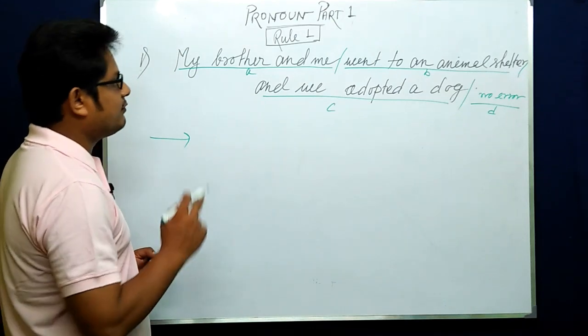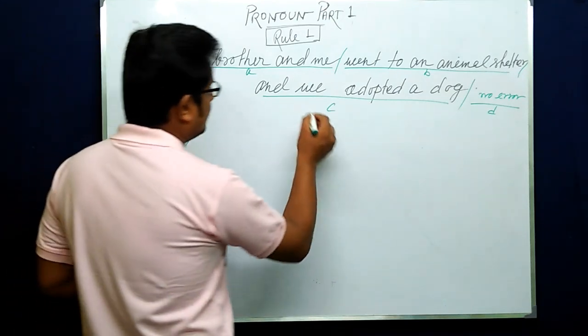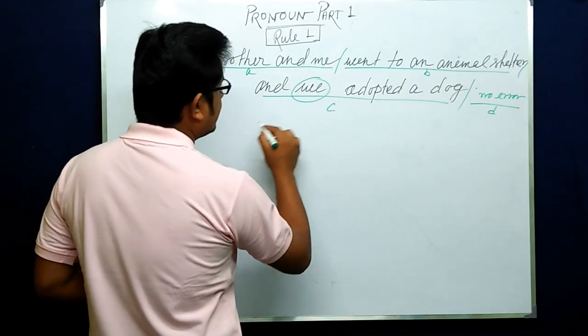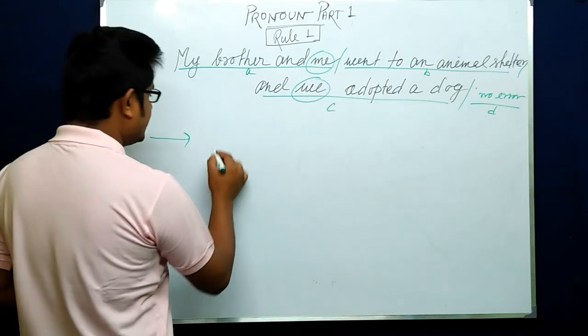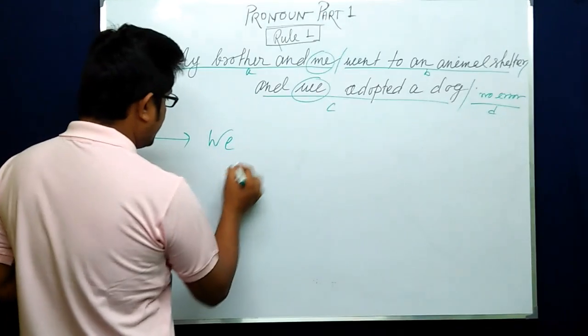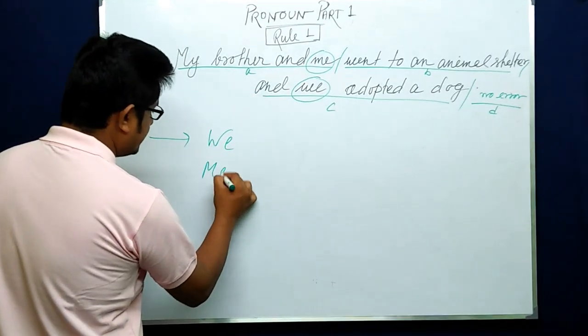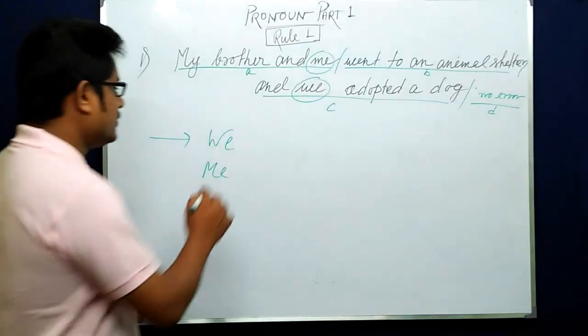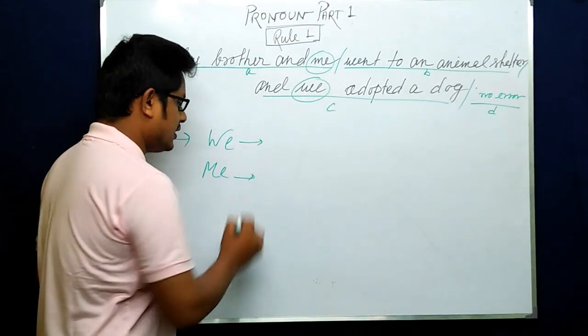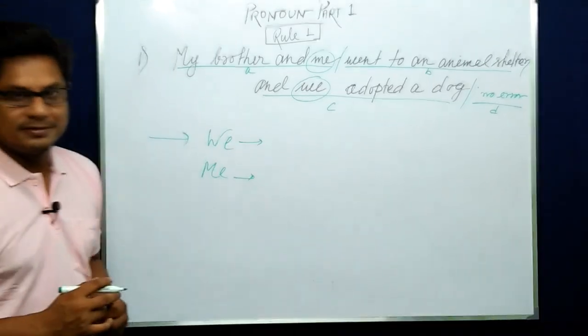Okay, so now let me explain to you what is the error in this sentence and why it is. See, we have two pronouns in this sentence. Number 1, this is we, and number 2, this is me. Clear? We and me, both are pronouns and both are personal pronouns, right?